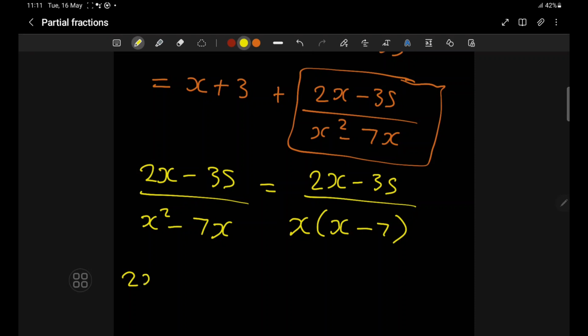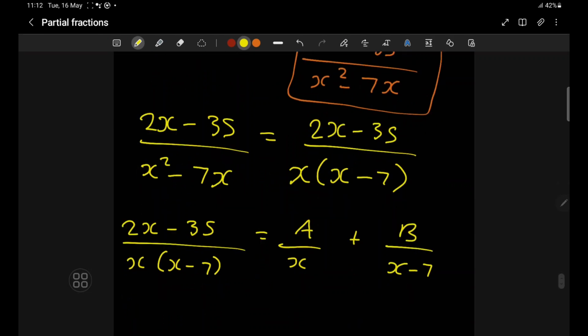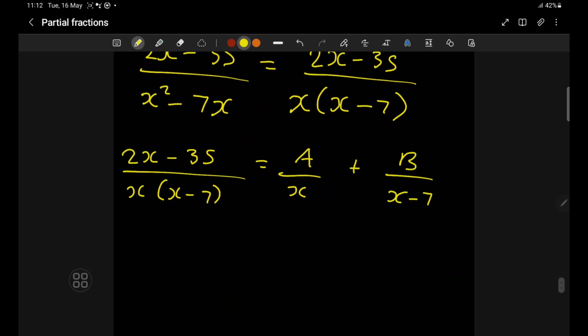So now we can find the partial decomposition of this. That is, we'll have A over x plus B over x minus 7. Now if we multiply the whole expression by this denominator, our solution will be 2x minus 35 is equal to A times x minus 7 plus Bx.